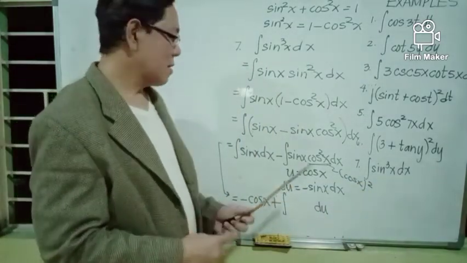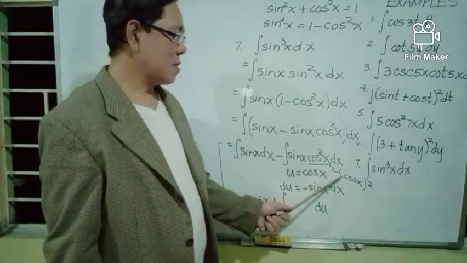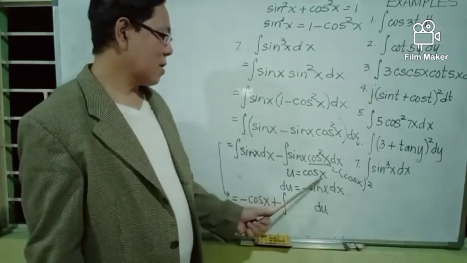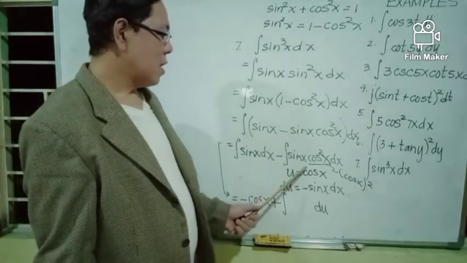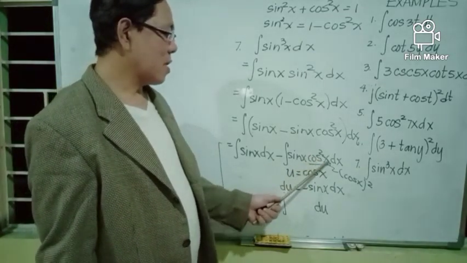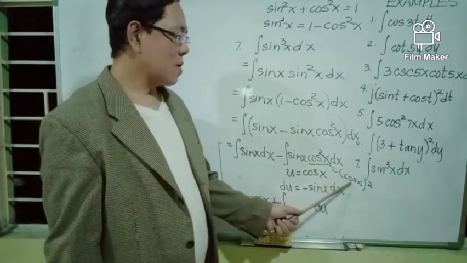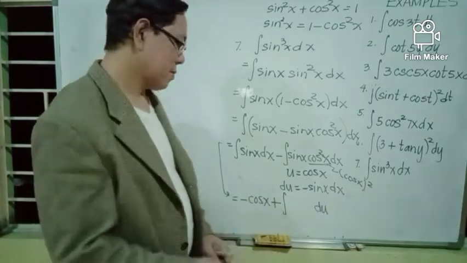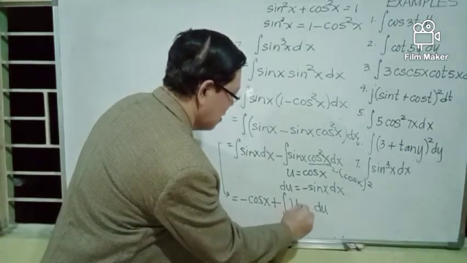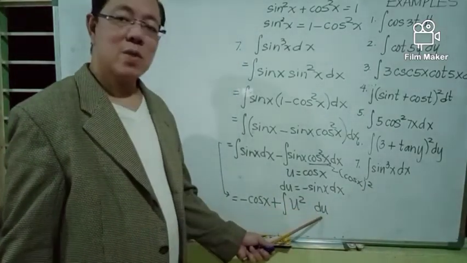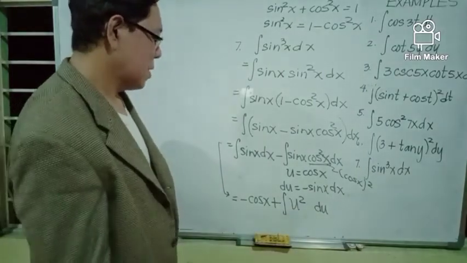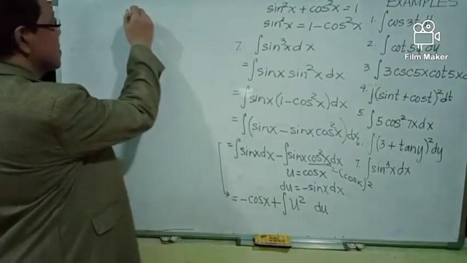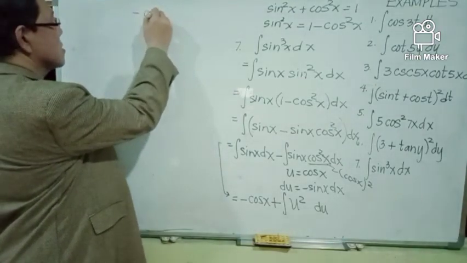But we let cosine x be equal to u. Hence, the square of cosine x is equal to u squared. And we integrate with respect to u. And this is now equal to negative cosine x.